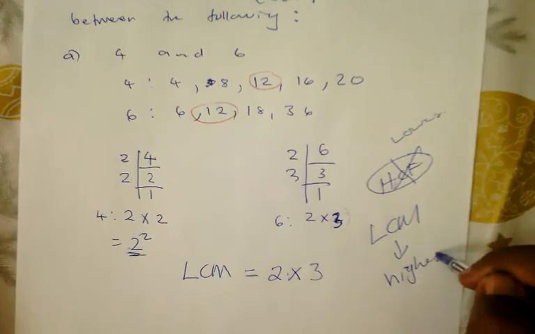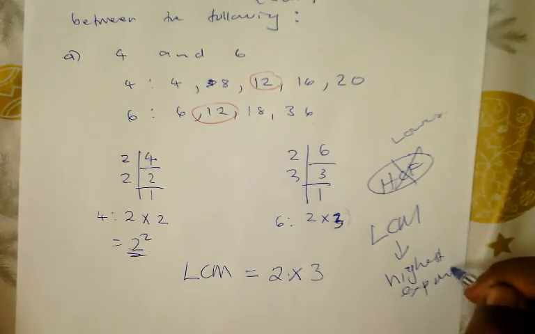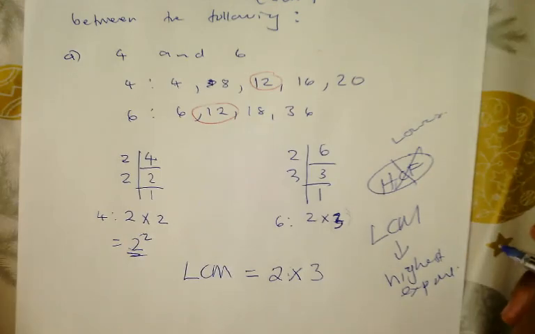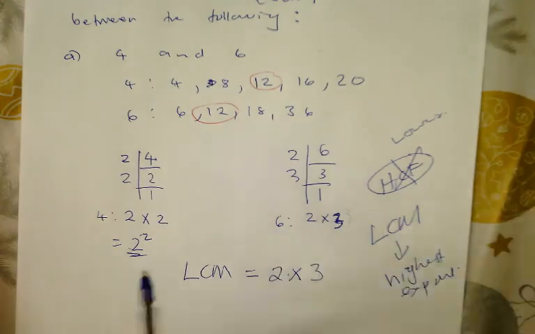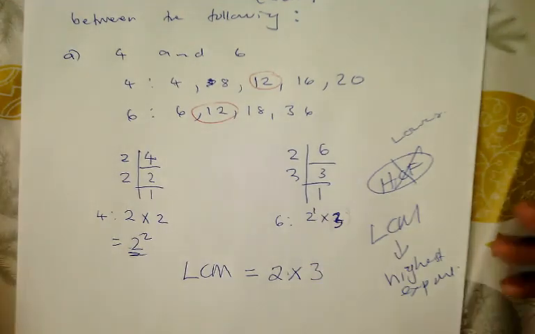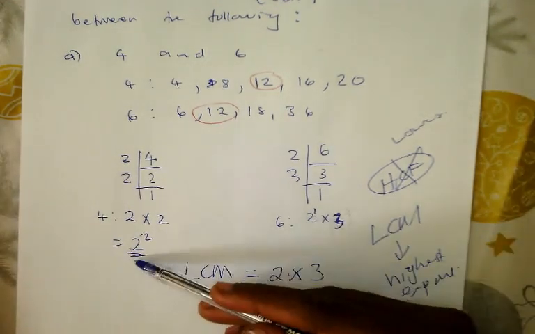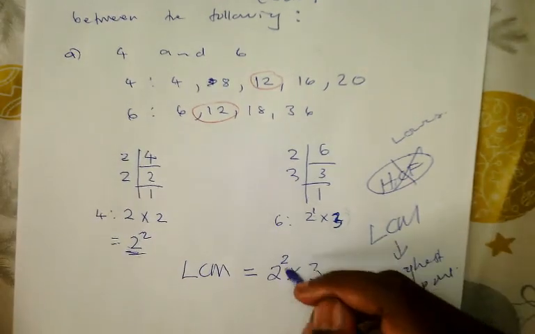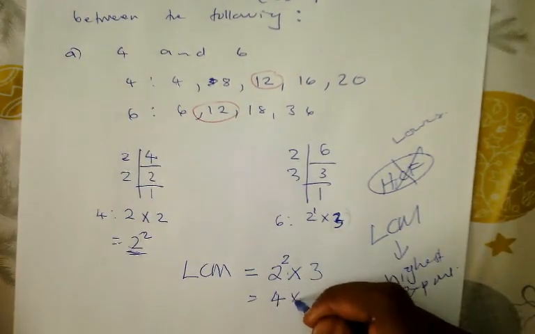We're going to take the base with the highest exponent. So which one is that? This is 2 squared, this is 2 to the exponent 1. So which exponent are we going to take? The highest one, which is that. 2 squared is 4. 4 multiplied by 3 is how much? 12. Are we all clear?